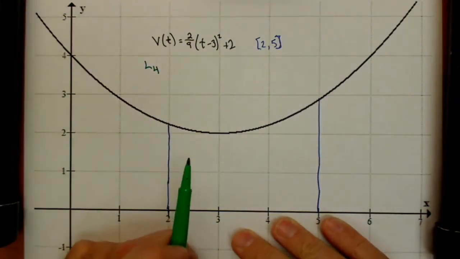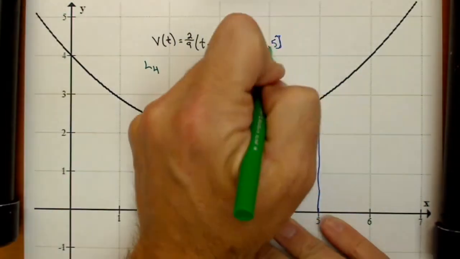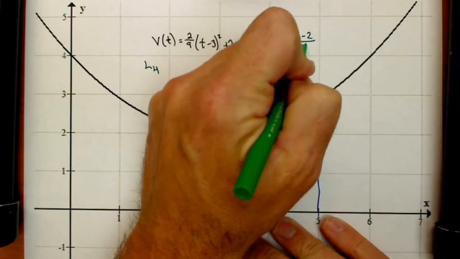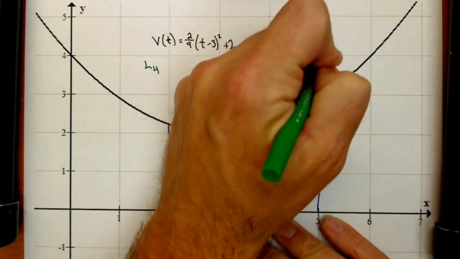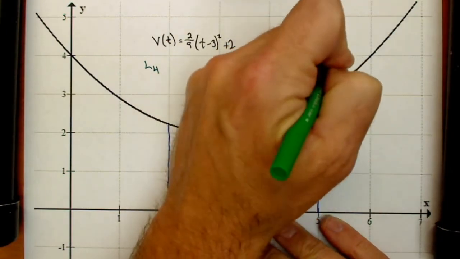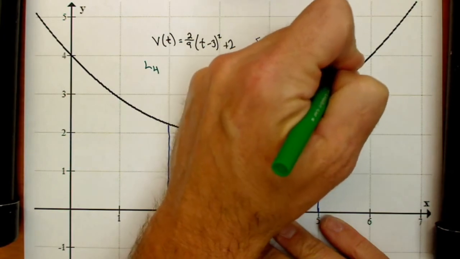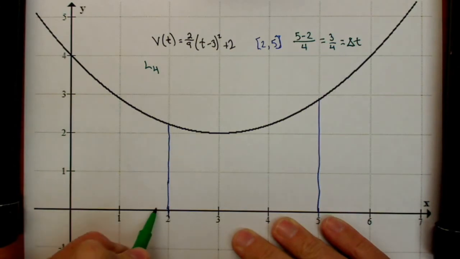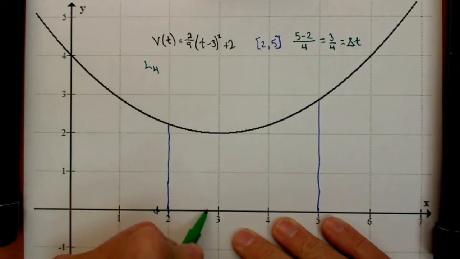If we're going to break this into 4 subintervals, the length of our interval is 5 minus 2, and we're breaking it into 4 subintervals, so that's 3/4, and that will be our delta t in this problem. So we want to break these up into 3/4. Right here, we're starting at 2.